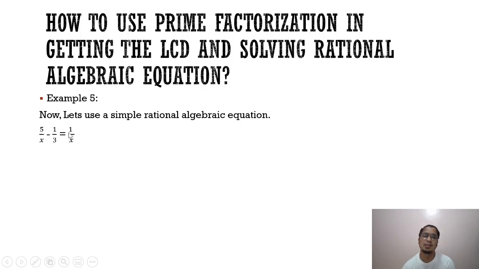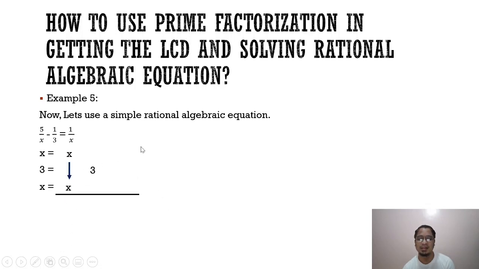Kunin muna ulit natin lahat ng denominators. So, x, ang factor niya, prime factor na siya, simply x. How about 3? Prime factor na siya. So, it will be 3. Again, if you notice, hindi ko pinagtapat. Last but not the least, x, still prime factor, so x tayo. Gawin ulit natin.